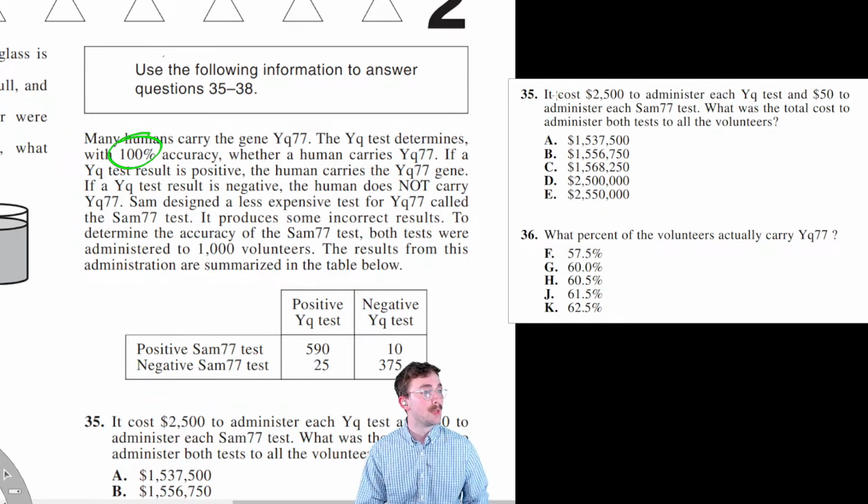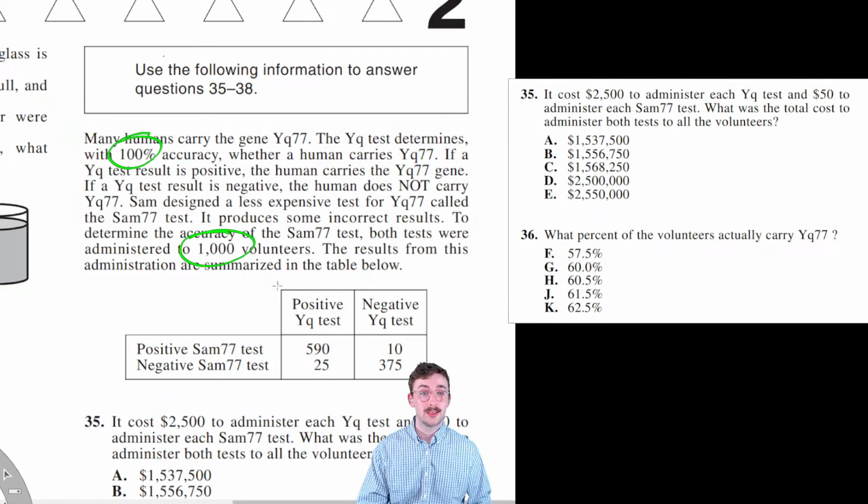Awesome. It costs $2,500 to administer each YQ test. Okay, that is very expensive. And $50, yes, congrats Sam. Proud of you. $50 to administer each SAM77 test. What was the total cost to administer both tests to all the volunteers? Oh my gosh. Okay, so it's 1,000 volunteers.